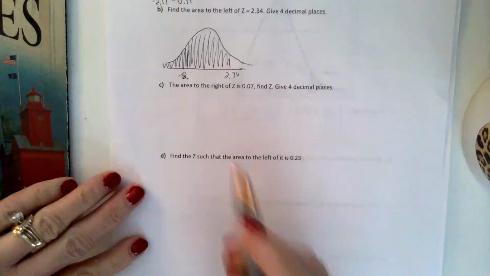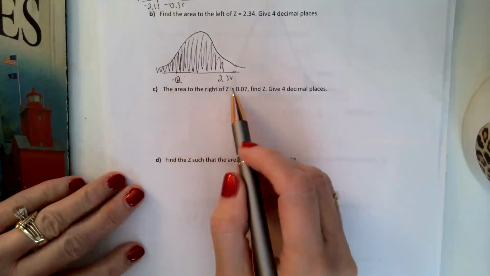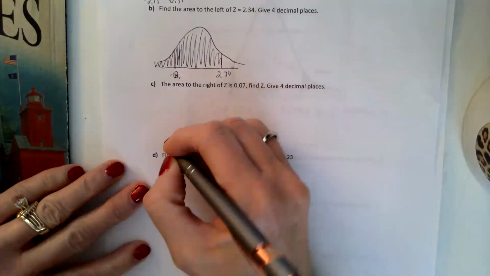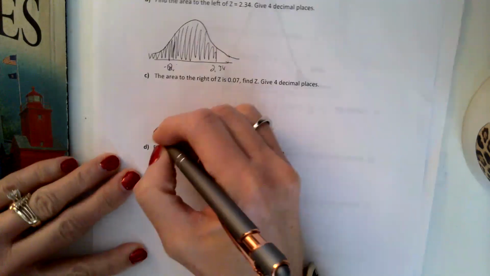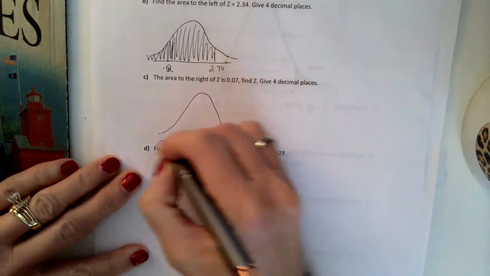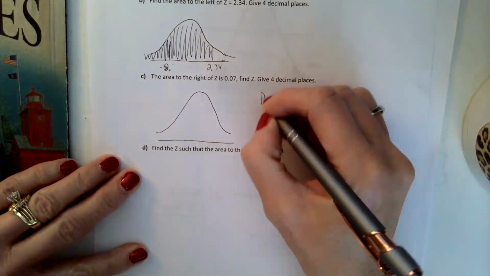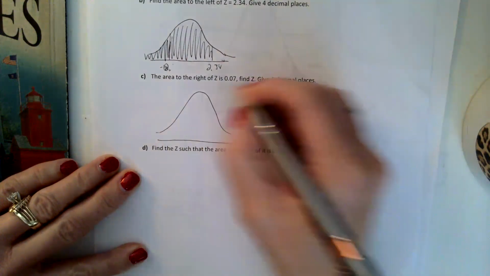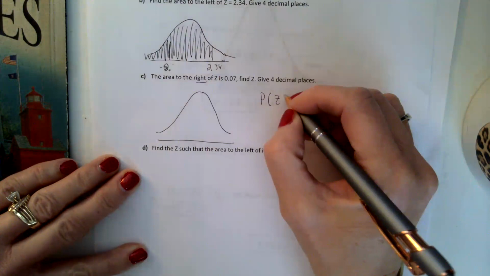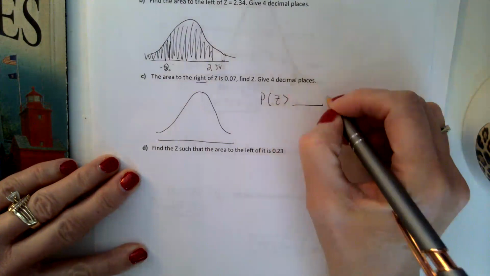Letter C says the area to the right of Z is 0.07. So this time they gave us the area. So we want to find the probability that Z is greater, because it's an area to the right, greater than something. We don't know what it is.